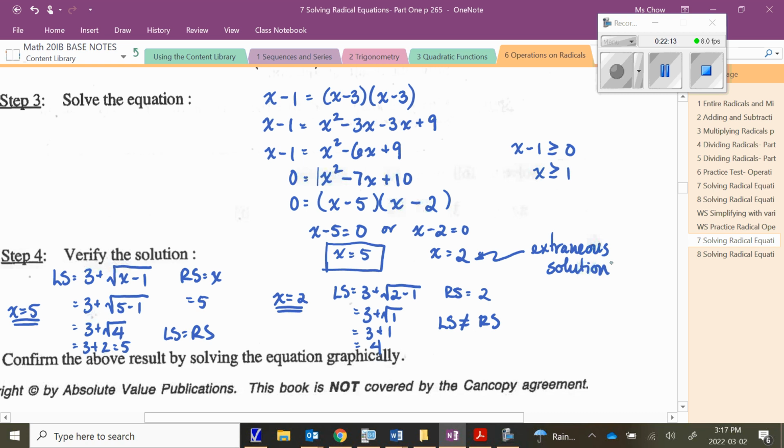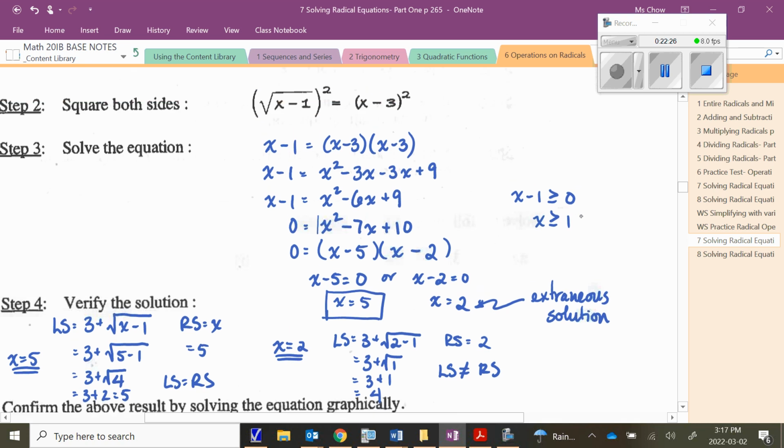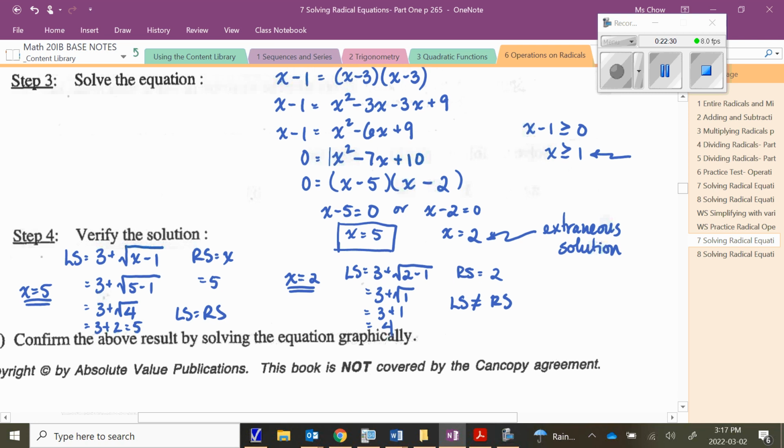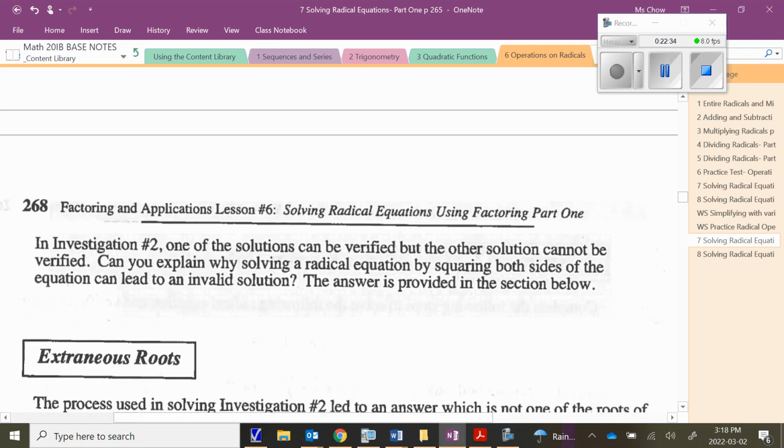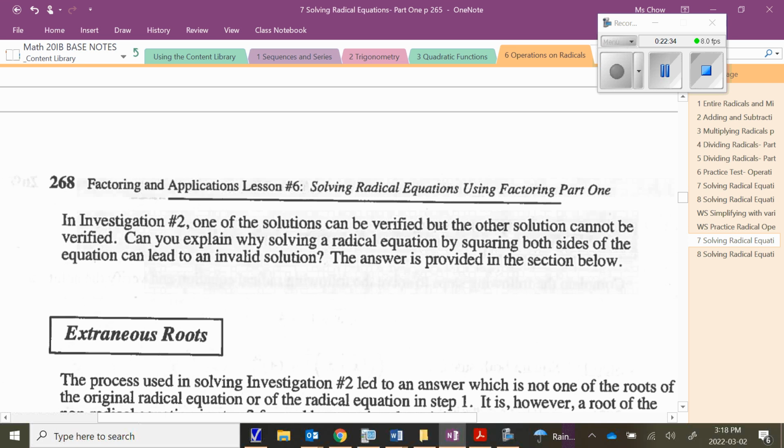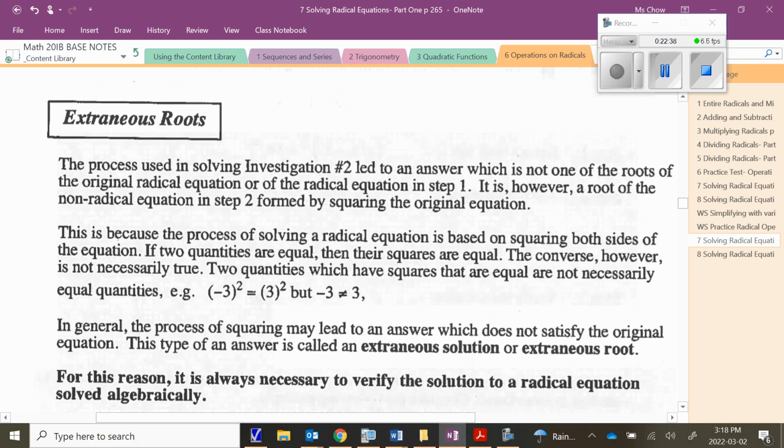However, when we went to check, it actually was not true. So the only solution again, and our restriction here did not catch it. The only way that we could catch it was through verification. And here's the explanation on extraneous roots.